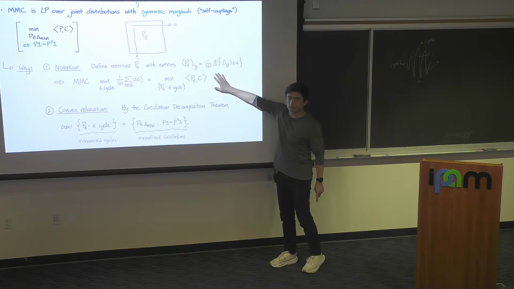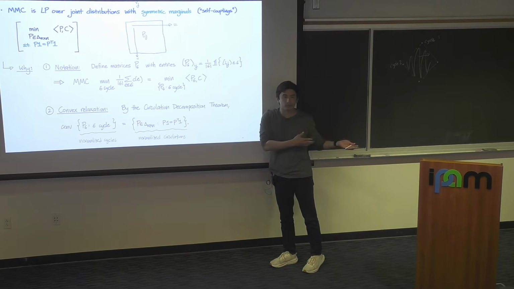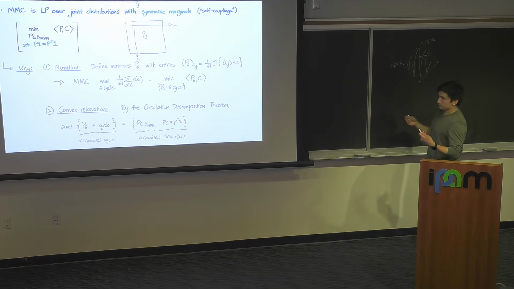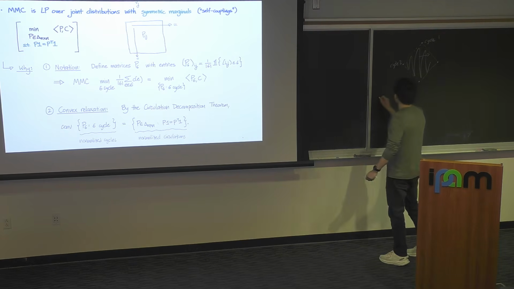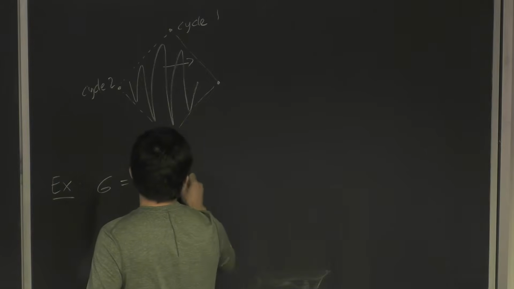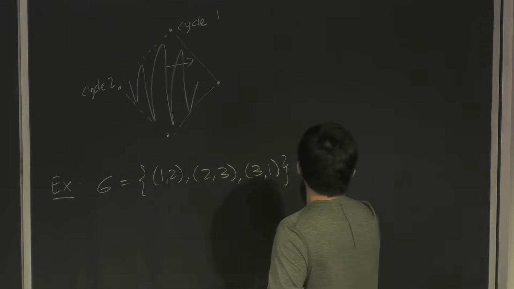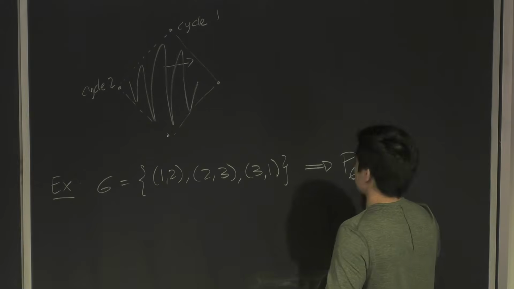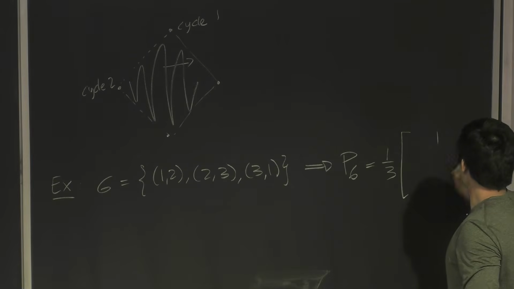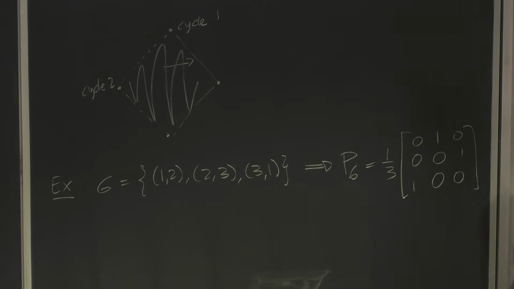I've separated it into two simple steps. The first is purely notational. I'm just going to translate from a cycle to a cycle matrix. For example, if sigma is the cycle 1, 2, 2, 3, 3, 1, then define P sigma as 1/3, normalized because there are 3 edges, and I'll put 1s in the entries corresponding to the edges ij.